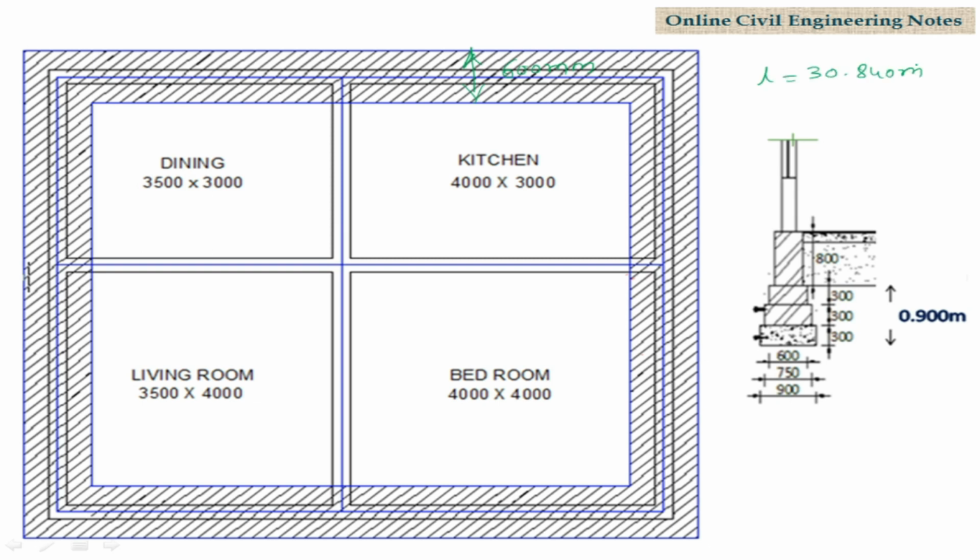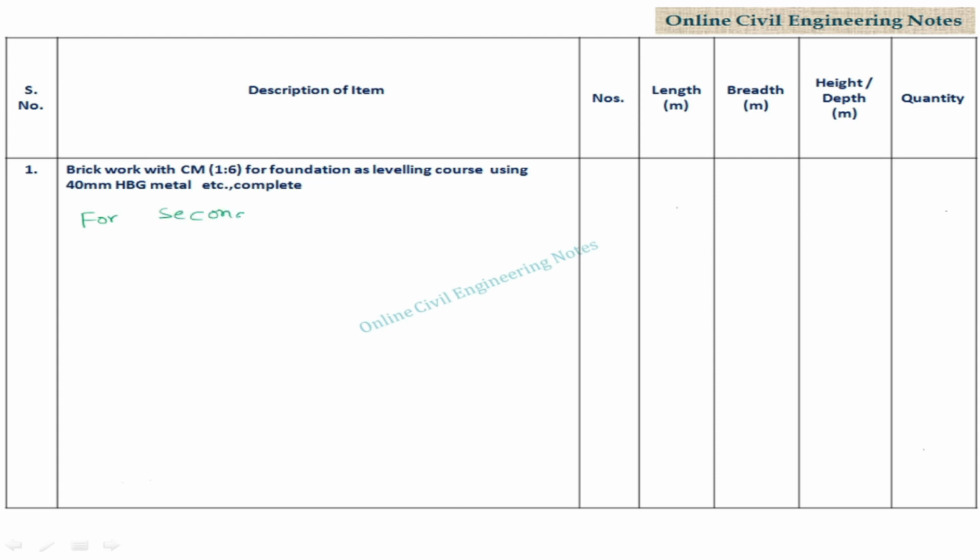For second footing, quantity of brickwork for all around the building. Number is 1, length 30.84 meters, width is 0.60, depth or thickness is 0.30. Quantity is 5.551 cubic meter.